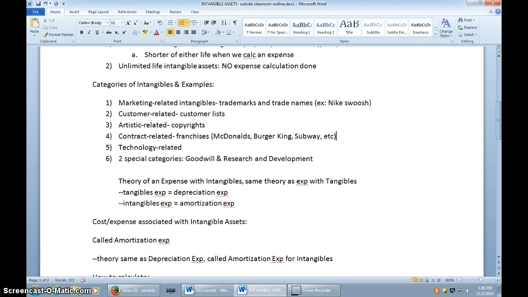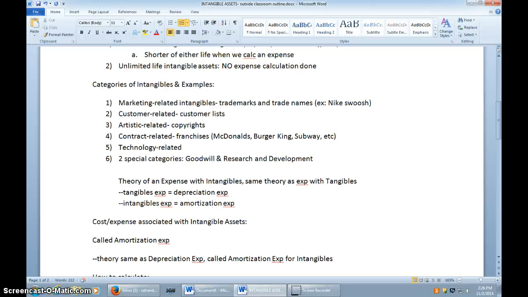Anyway, when you own one of these businesses, you sign a franchise agreement over a number of years, and you agree to do business a certain way, have a certain look, sell certain products at certain prices.